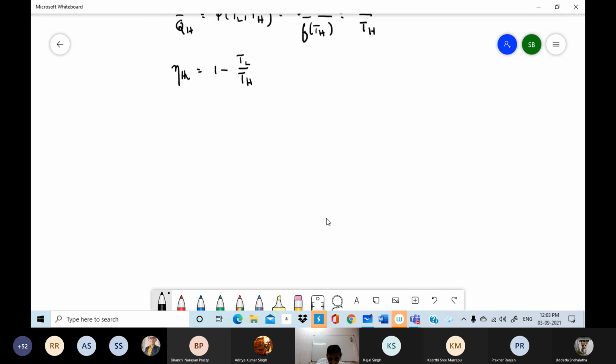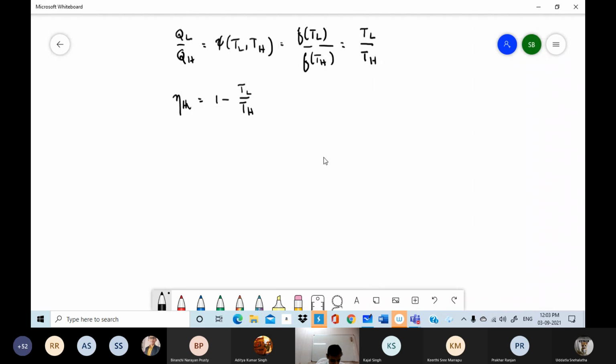So now we can define a temperature scale, the thermodynamic absolute temperature scale. So let us say we take our low temperature reservoir to be at ice point and our high temperature reservoir to be at steam point.